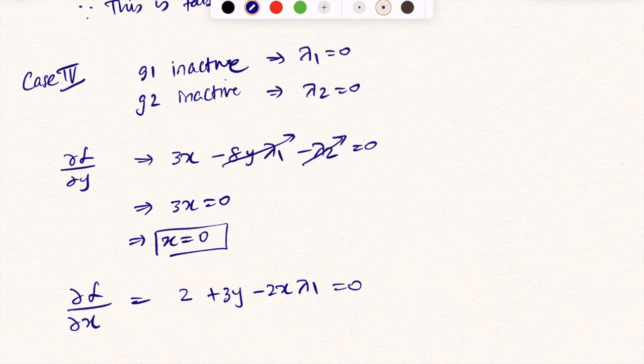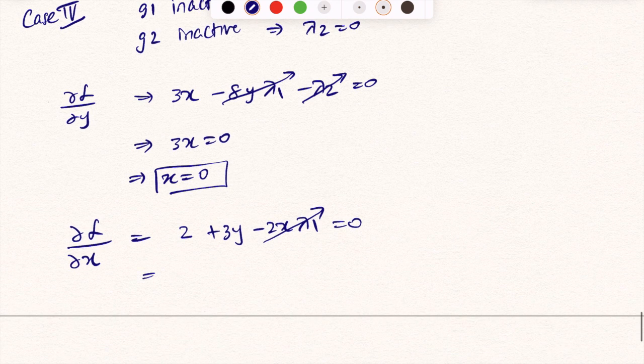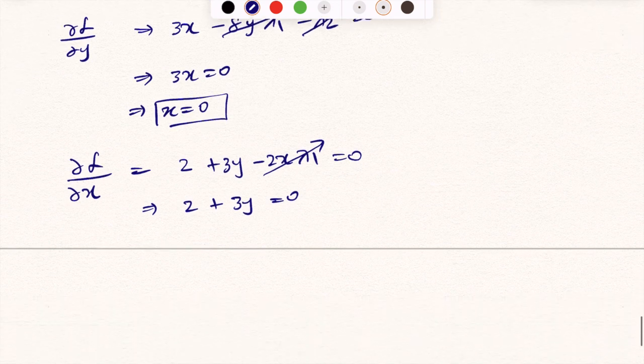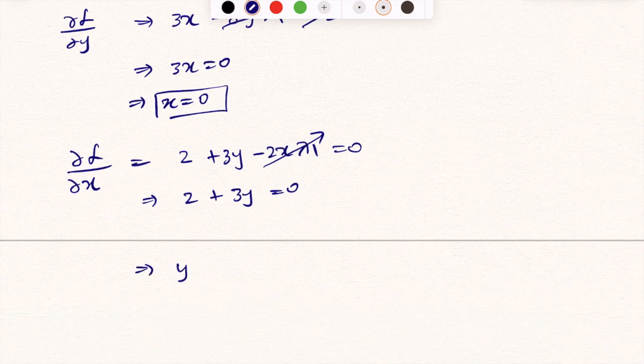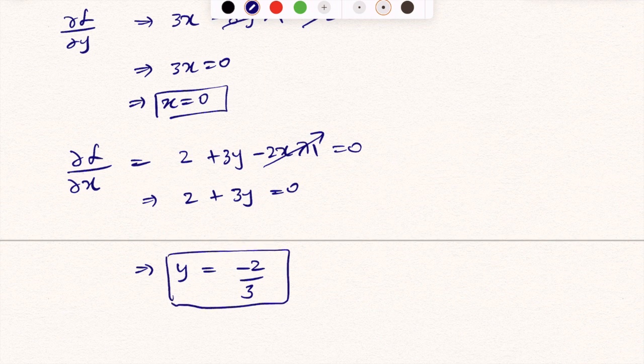Again, as we've said, lambda 1 is 0, x is 0, so this term is 0. 2 plus 3y equal to 0, which says y is equal to minus 2 over 3. And so we found a possible candidate point, 0, comma minus 2 over 3. Since y is less than 1/2, it's a valid candidate point.